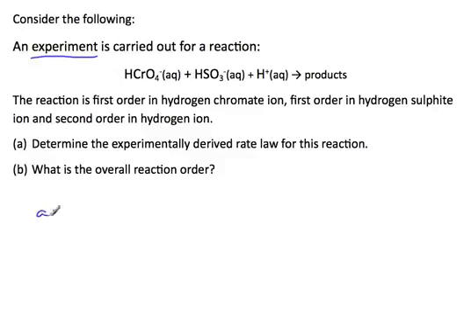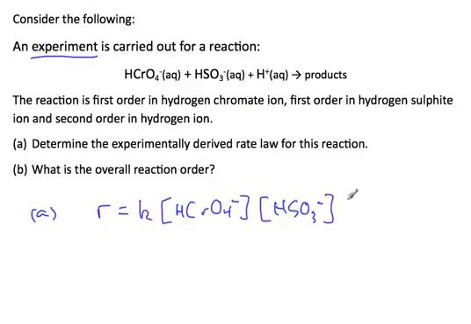So answer to the first question, A, determine the experimentally derived rate law. Well, that's going to be R equals K, hydrogen chromate ion, first order, so raised to the power of 1, hydrogen sulfite ion, first order, and hydrogen ion, second order. So there's my experimentally derived rate law.